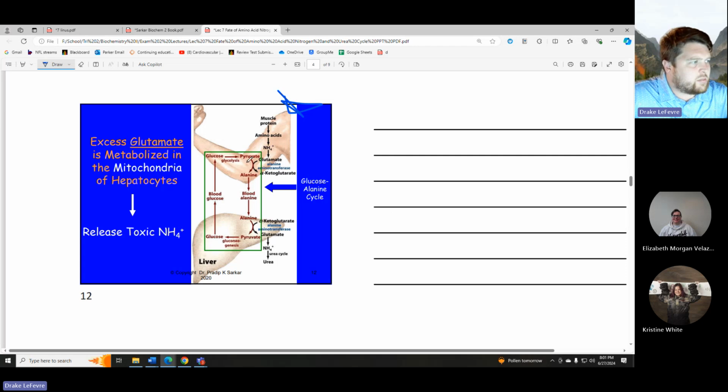When it gets passed on to pyruvate, that converts into alanine. Alanine is what travels into the blood, makes it to the liver, turns back into the glutamate, and releases pyruvate. Pyruvate goes through gluconeogenesis, turns back into glucose, and comes back as glucose into the muscle tissue.